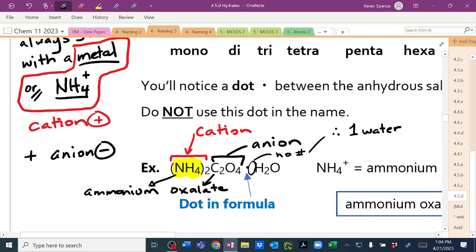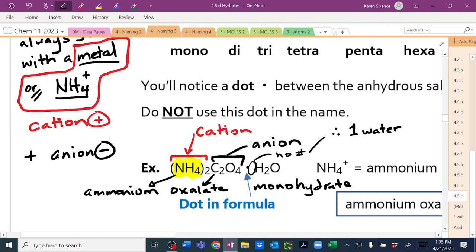If we had 2 waters, there would be a 2 in front of it. If we had 3 waters, there would be a 3 in front of it. But there's no number, so it just means that there is 1. What's the prefix for 1? Mono. And instead of writing 1 mono water, we write mono hydrate.